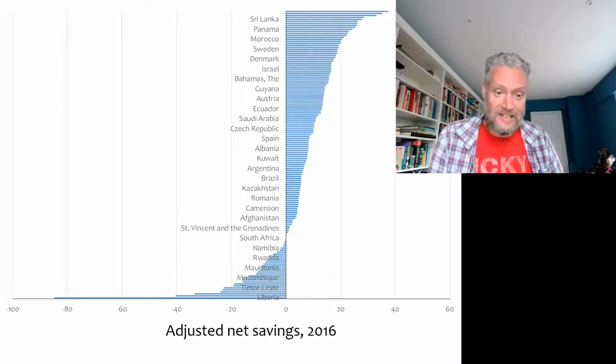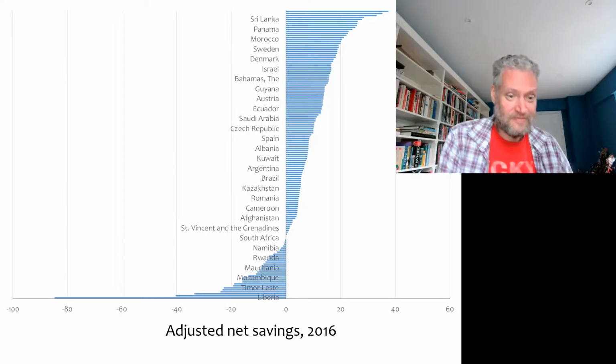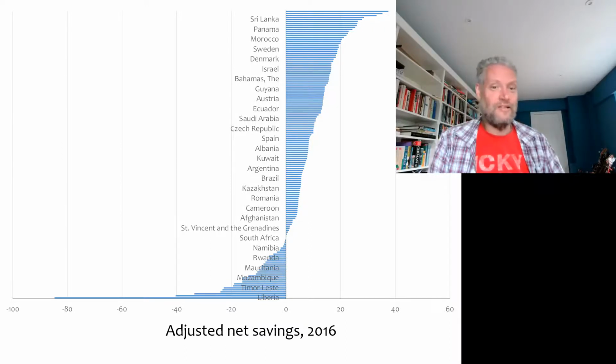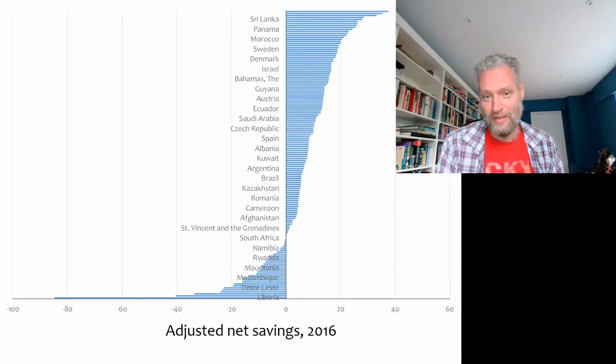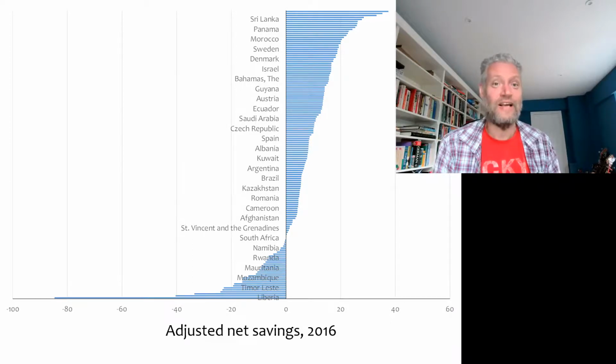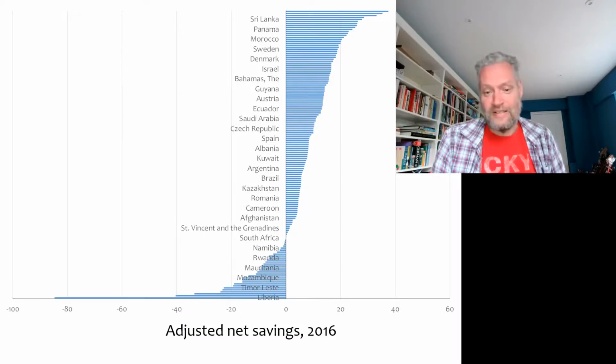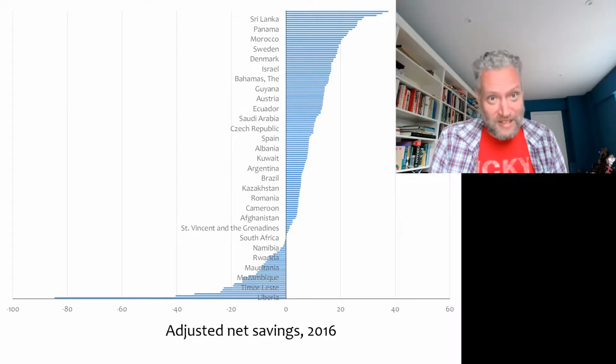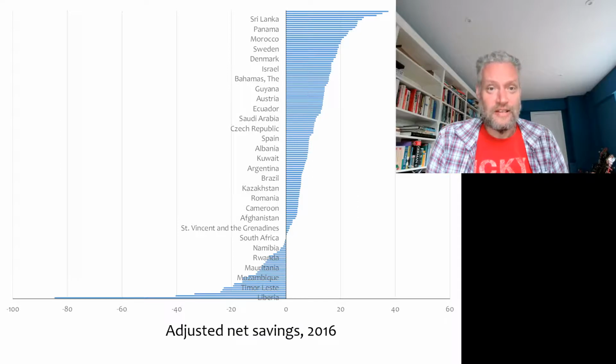The adjusted net savings are close to 100% of its income. So essentially, everything it seems to earn and spend really is drawing down savings. So that is drawing down its past savings, drawing down the money in the bank. This is the sort of insight that you want to use the Genuine Savings Index for.